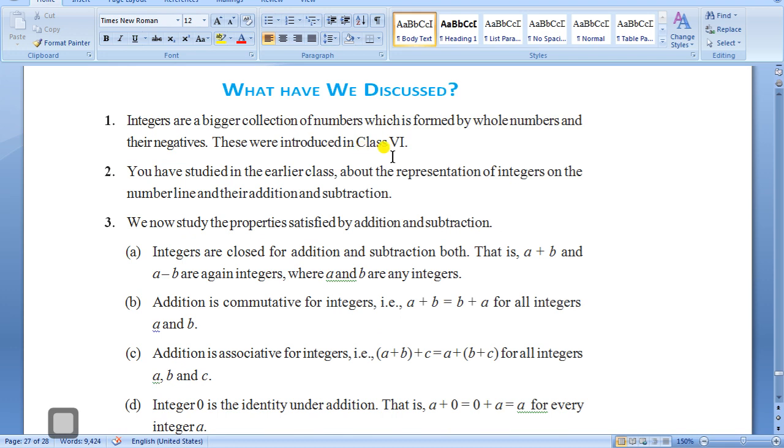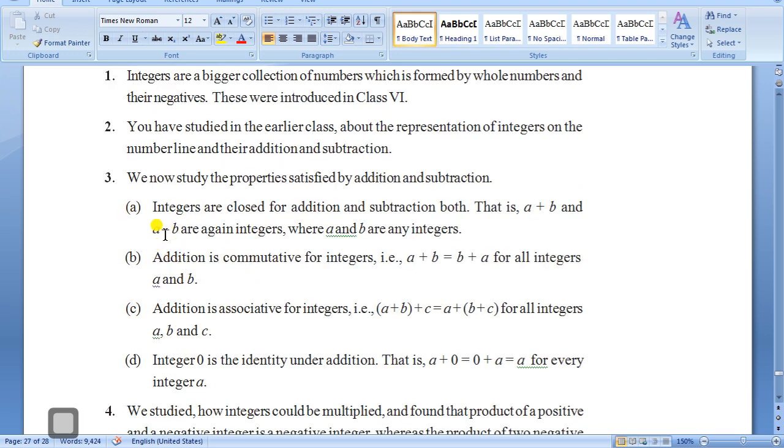What we have discussed now: integers are a bigger collection of numbers which is formed by whole numbers and their negatives. These were introduced in class 6. We studied in the earlier class about the representation of integers on the number line and their addition and subtraction. We now study the properties satisfied by addition and subtraction.